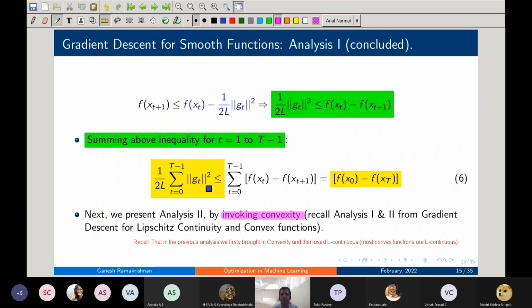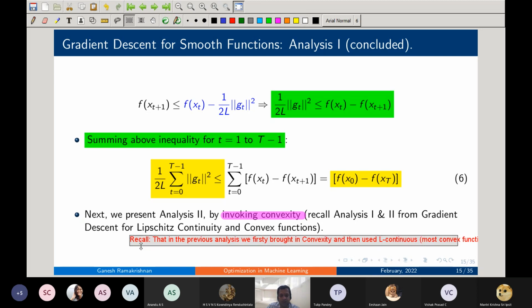We want to know how far we are from x star. So far we have not got to x star. Should we apply the convexity at x0, and the convexity at xt with respect to x star? How you apply convexity is what I'm talking about. Fine, we want to apply convexity, but how? Anyone want to suggest how you would apply convexity?